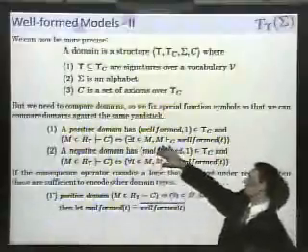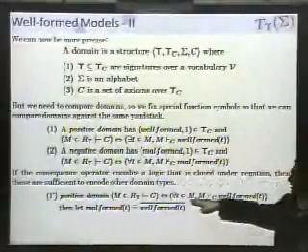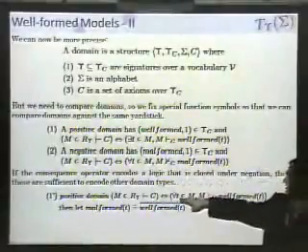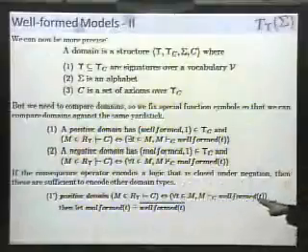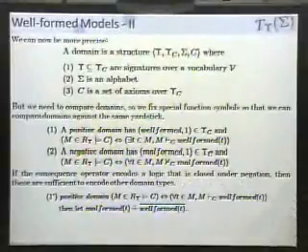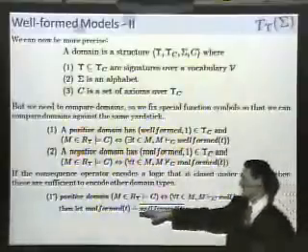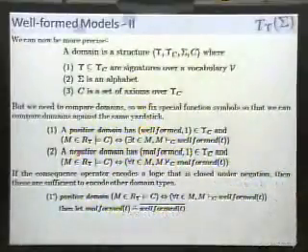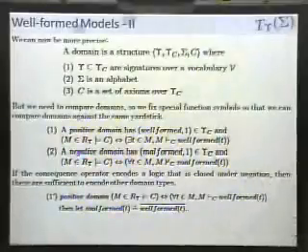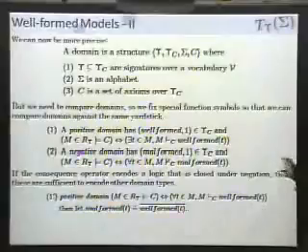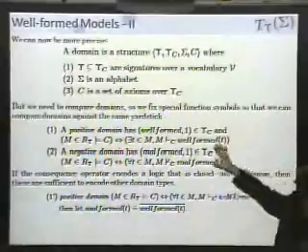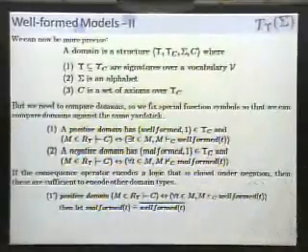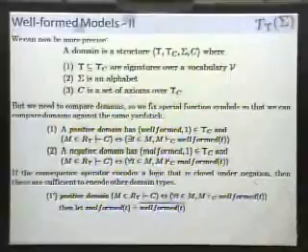So let's say you wanted a stronger form of a positive domain where a model is well-formed if for every term in the model you can prove that it's well-formed. Then you just use the negative domain definition, and you set malformed of T to be the logical negation of well-formed of T, and you apply the second definition. So you can build other sorts of notions of negative and positive domains depending on the expressiveness of the logic that you use.